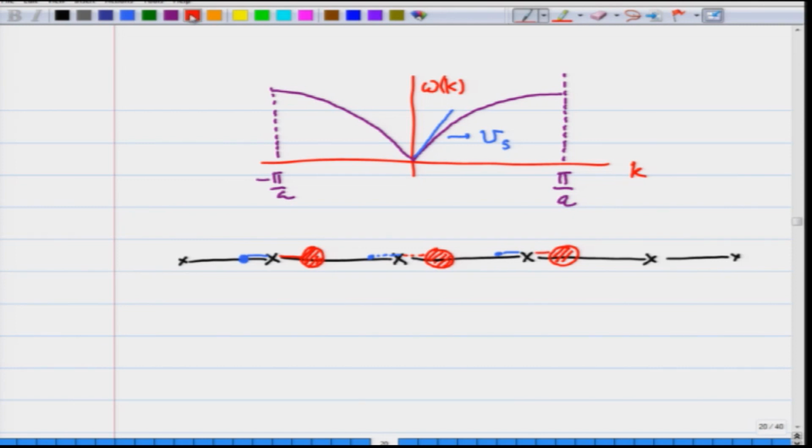So, let me just complete the picture. It is as if a molecule made up of two different atoms is sitting at each site.